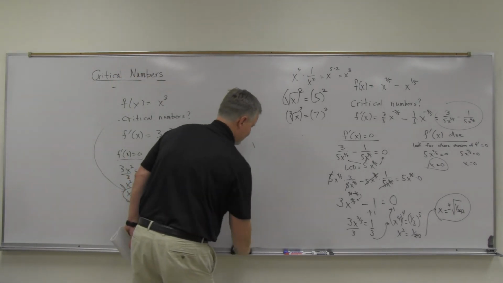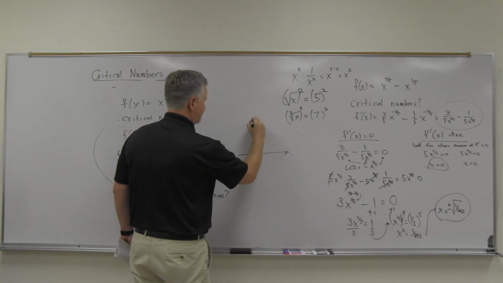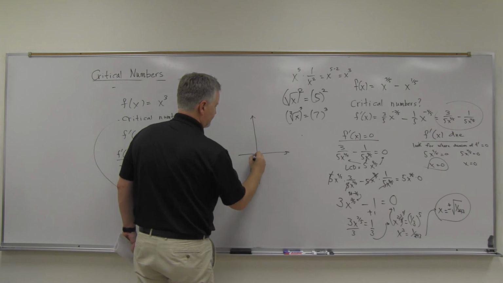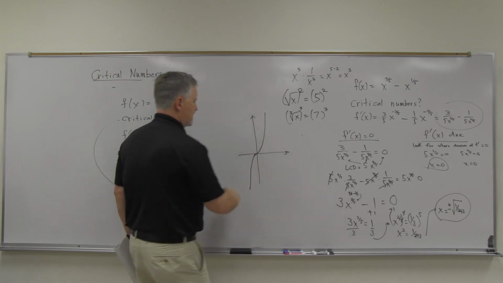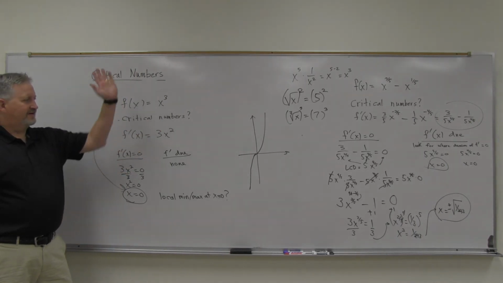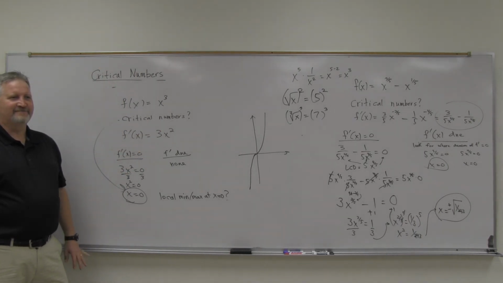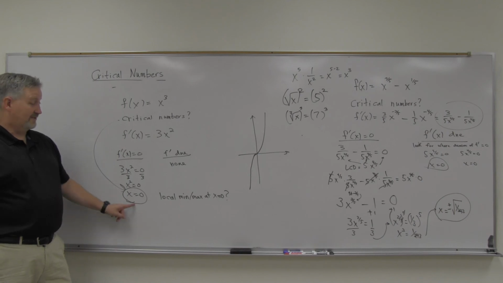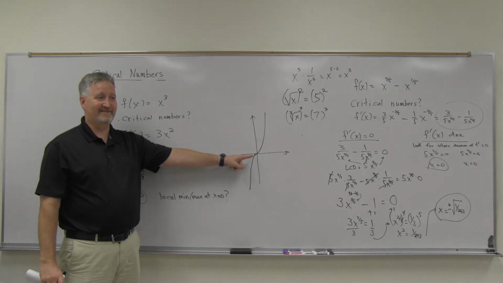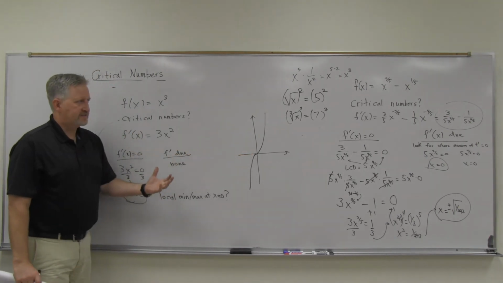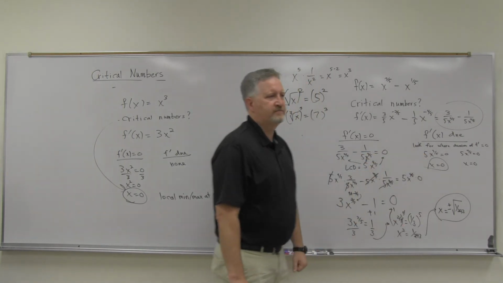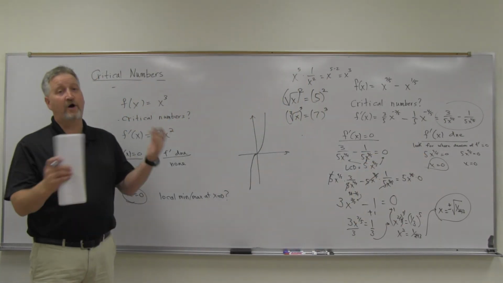It's just a little line with a little kink in it, you might call it. But is there a local min or max at 0? There's not a local min or max at 0 there. So what I'm saying is, we're probably expecting local mins and maxes at these values, but it doesn't always have to be.